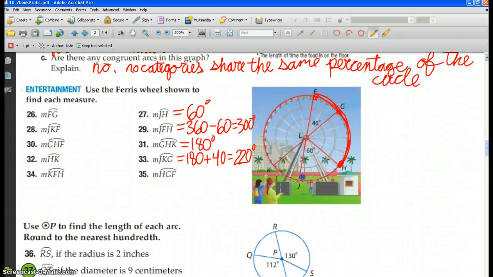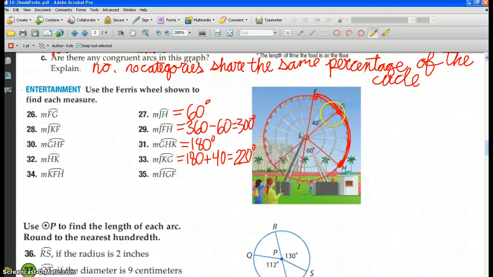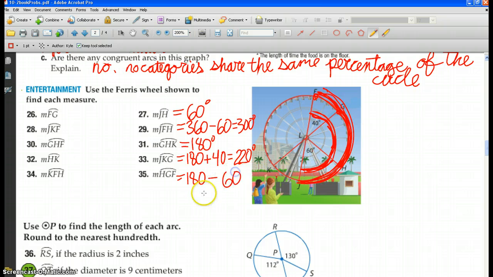So we want to take JHF, which is a semicircle, but then subtract JH from it, and then that will leave us with HGF. So we want 180 minus 60, or 120 degrees.